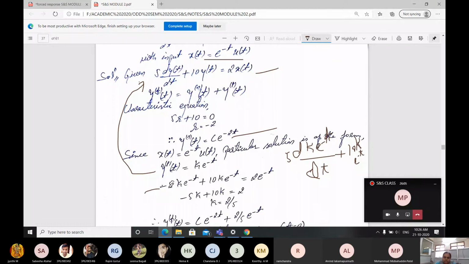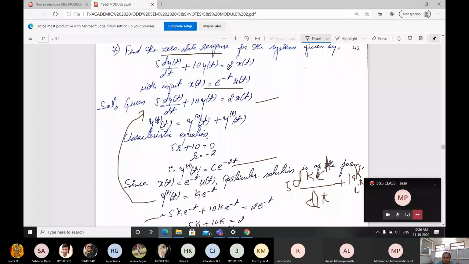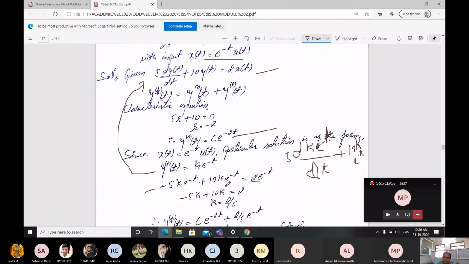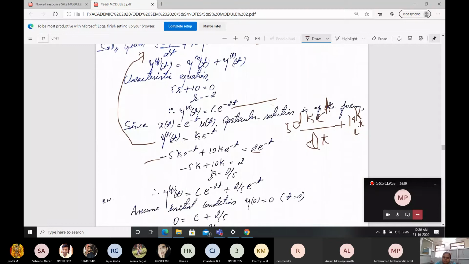For that reason, minus 5k e raised to minus t, plus 10k e raised to minus t, is equal to 2 times e raised to minus t, that is the x value. Here 2 is given, 2 times e raised to minus t, and u(t) is always 1. That's what is substituted here.